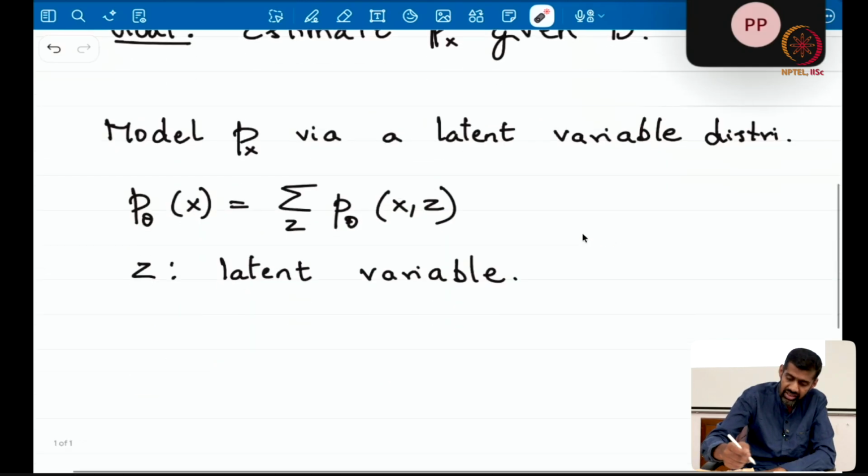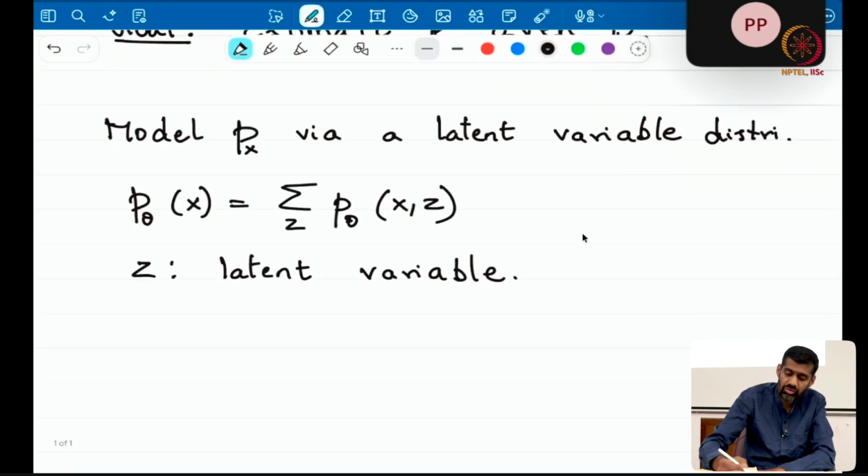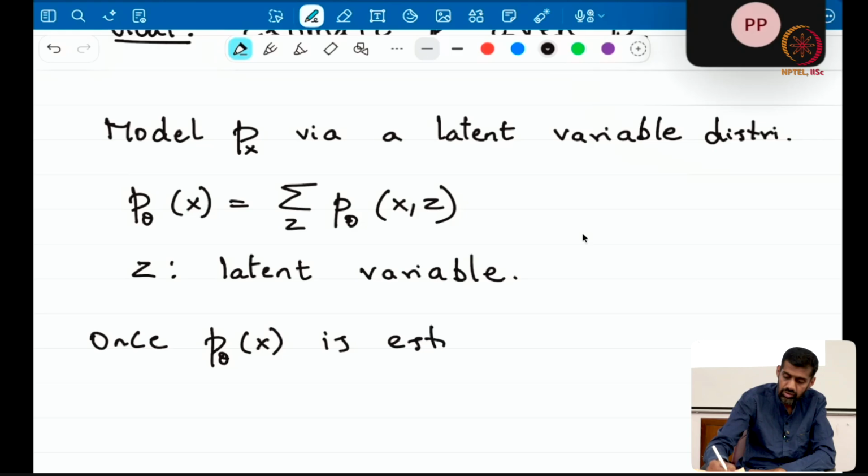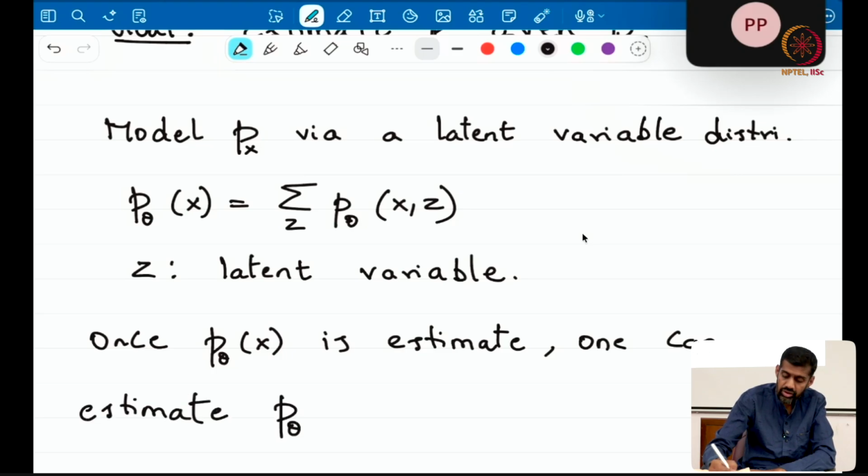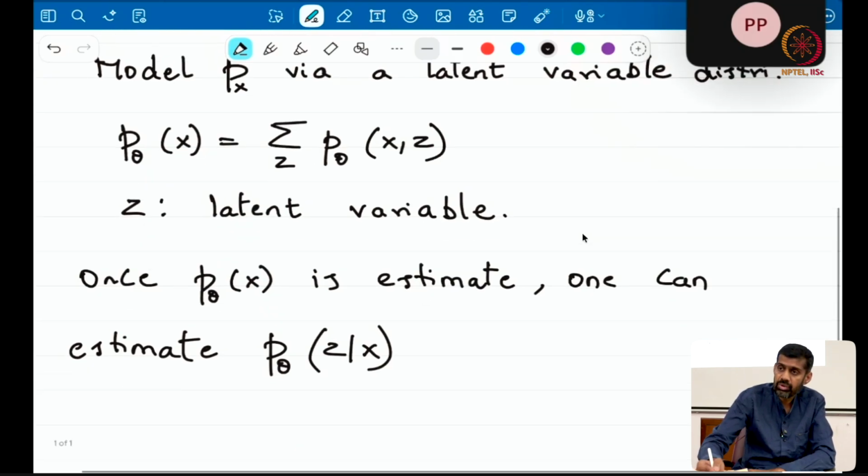As I said, in the latent variable modeling scheme, once P theta of x is estimated, one can estimate P theta of z given x, which is the posterior of the latent variable given data.